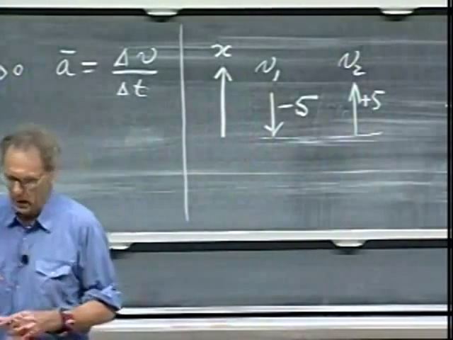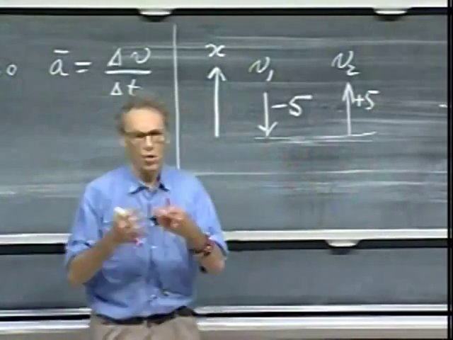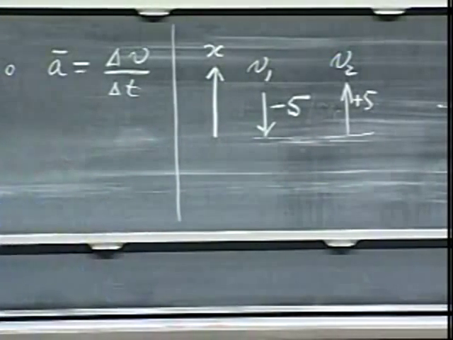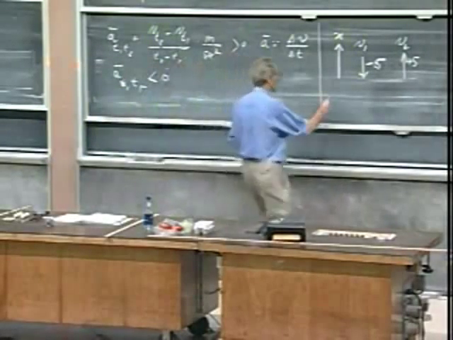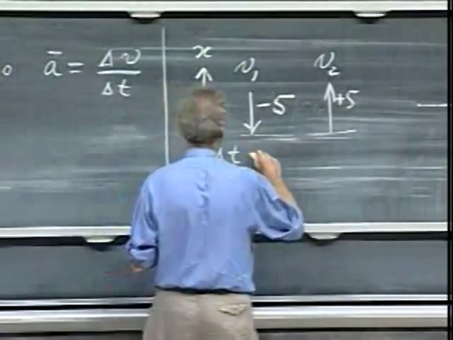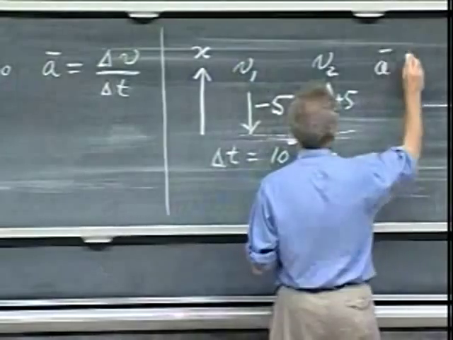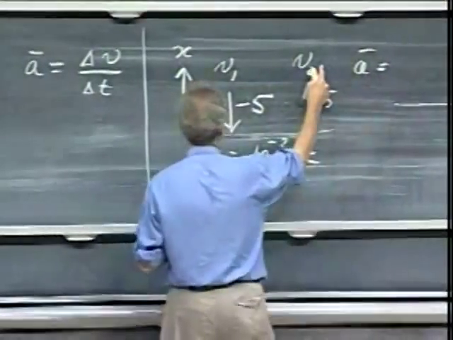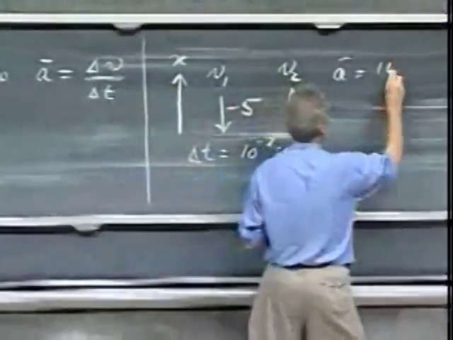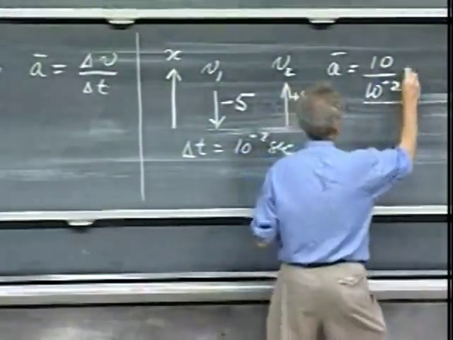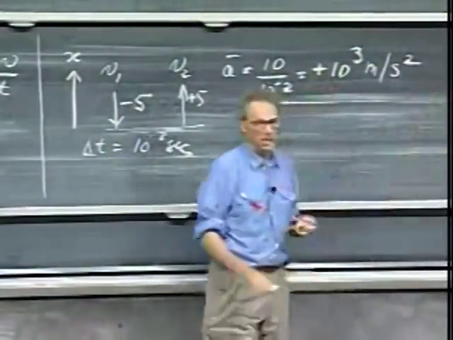So what now is the average acceleration? Well, I would have to know the time that it takes for this change in direction. In other words, we call that the impact time. I would say in this case the impact time delta t is probably about 100th of a second. And so my average acceleration would be v2 minus v1, that is plus 5 minus minus 5, that is 10, divided by 10 to the minus 2, and that is plus 1,000 meters per second squared.